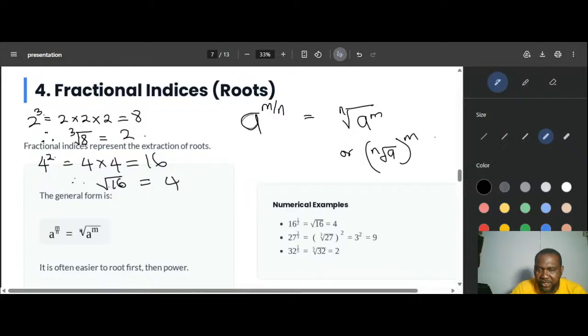Do we understand what I just explained now? The issue of square roots and cube roots, right? That means the root of a number is the number of times a number can multiply itself to give that number. So let me give another example.